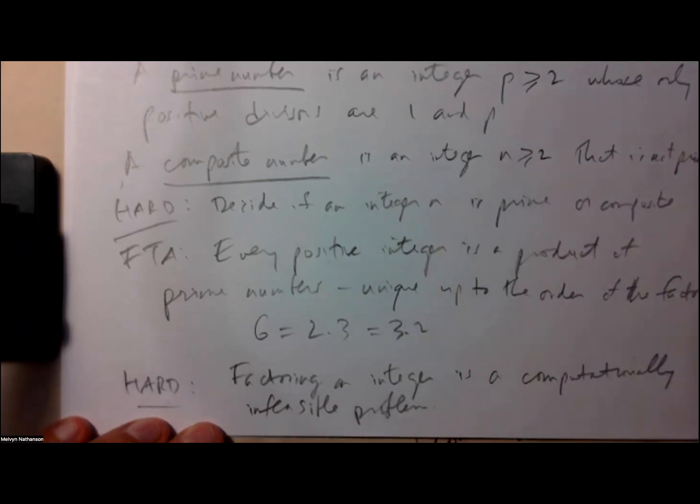No one has ever worked out a computer program that can factor a very large number. And people would get rich and famous if they could do that. A huge amount of money is invested in this problem. And a huge part of the global economy is based on the fact that factoring an integer seems to be very hard.